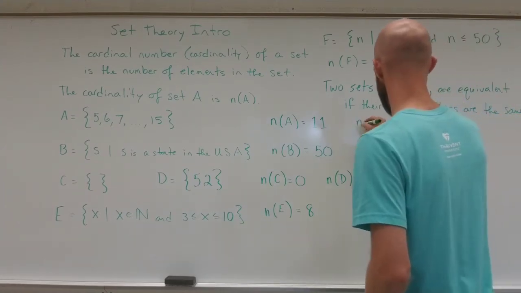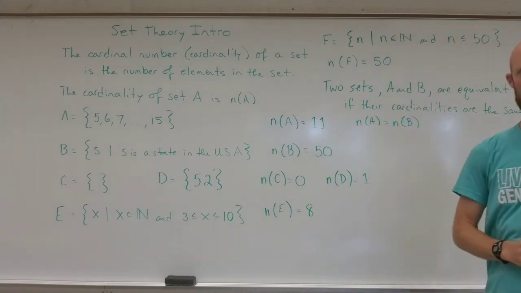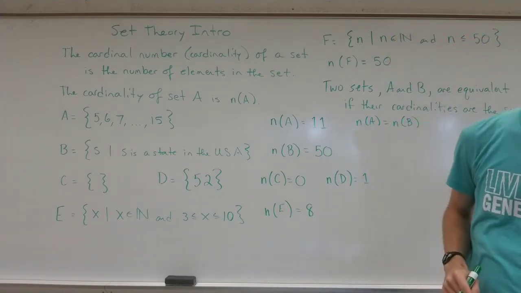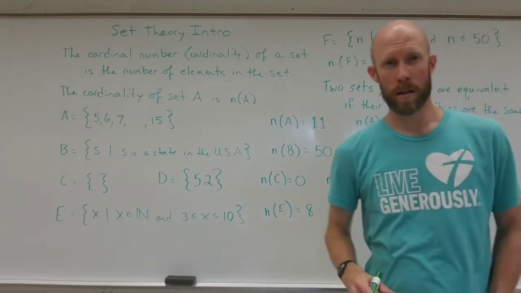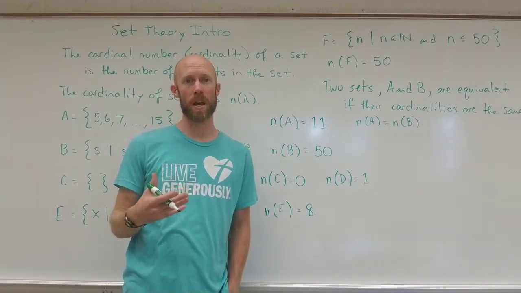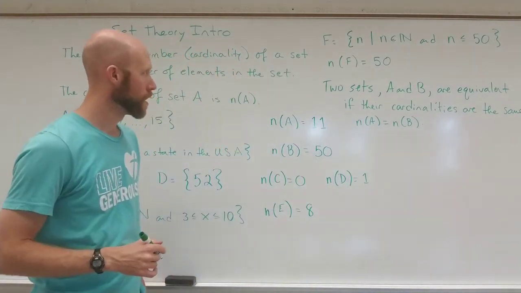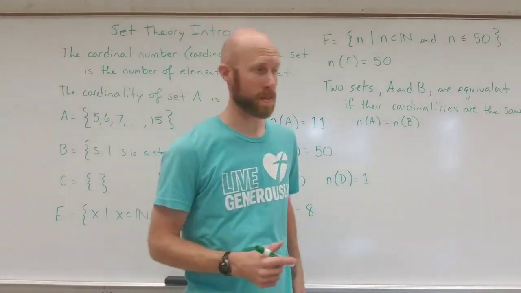In other words, n of A would have to equal n of B in order for that to be true. Okay? So those are called equivalent sets.